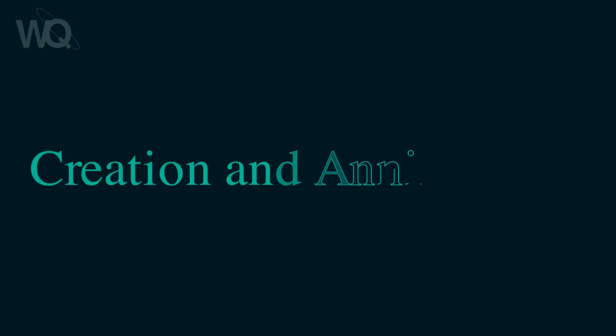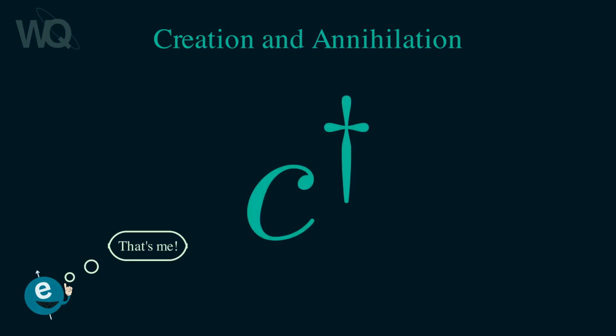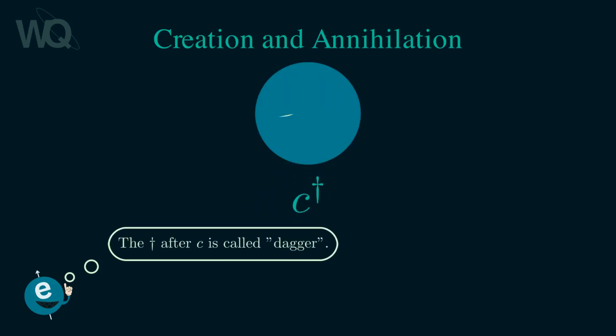First, let's create a formalism to describe electrons. When a physicist wants to create an electron somewhere, he raises his magic wand, pencil, swishes it around in this shape and chants "C dagger," and thus an electron is created.